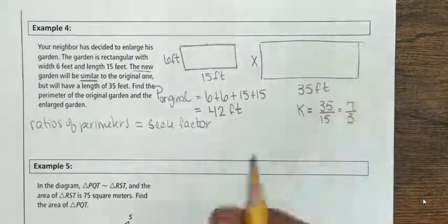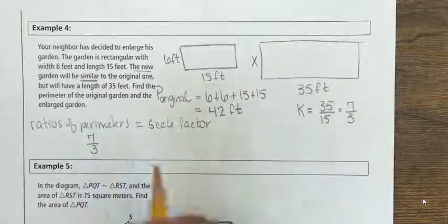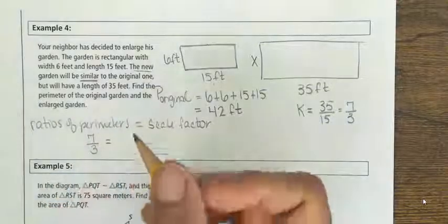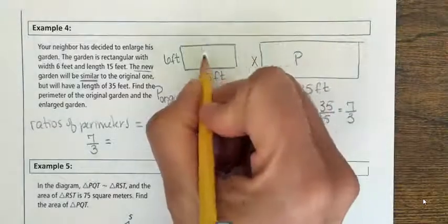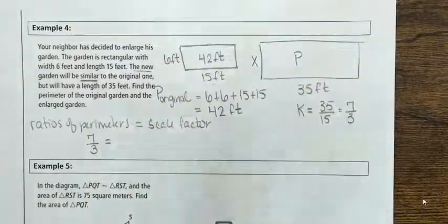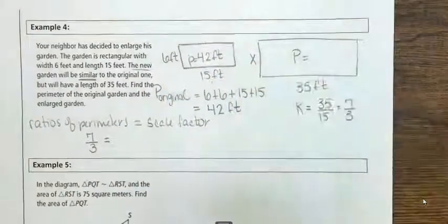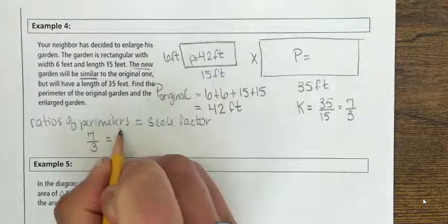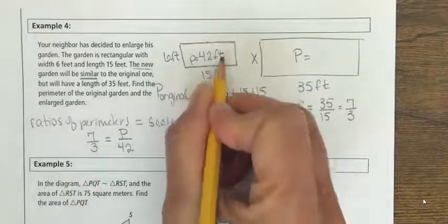So I'm going to take 7 over 3. That's the ratios of the perimeters. How about we just call this the perimeter of the big one? And I know that the perimeter here is 42 feet. So maybe I should say little p and big P. Big P goes on top, 42 feet goes on the bottom.